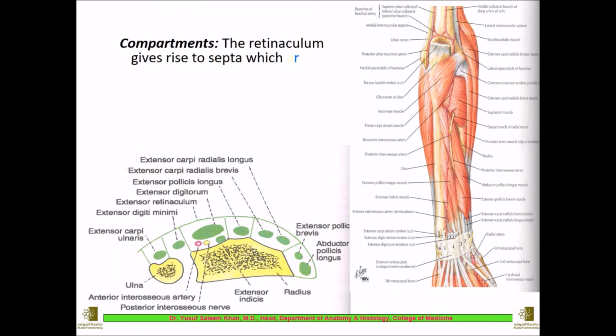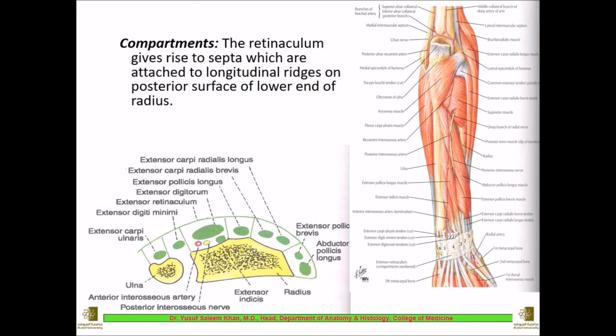So this extensor retinaculum will be giving rise to septa which are attached to the radius. The radius is much broader near the distal part than on the proximal part. The extensor retinaculum gives septa which divide this whole region into compartments.